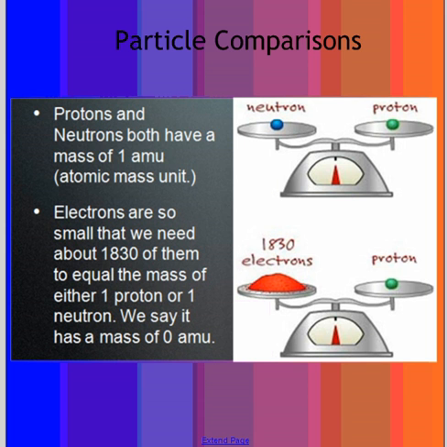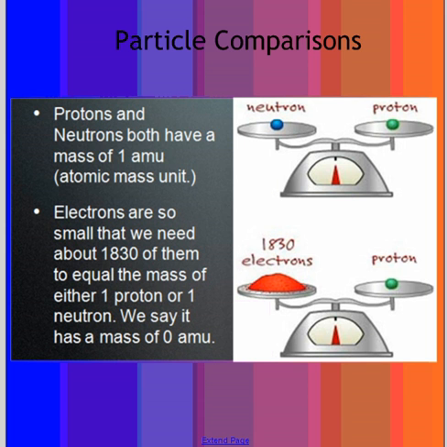And so now that we've learned each particle, I'm going to show you a little bit of a comparison between them. So we have protons and neutrons. They both have a mass of 1 AMU, 1 atomic mass unit. So if we were to take 1 neutron and 1 proton and put them on a balance, one on each side, it would equal out. They have the same mass, they are the same size.